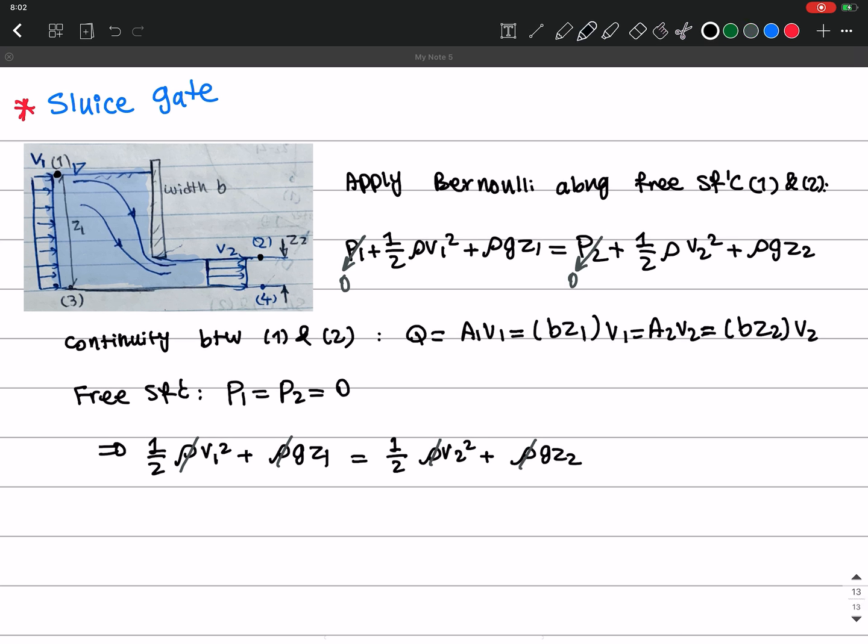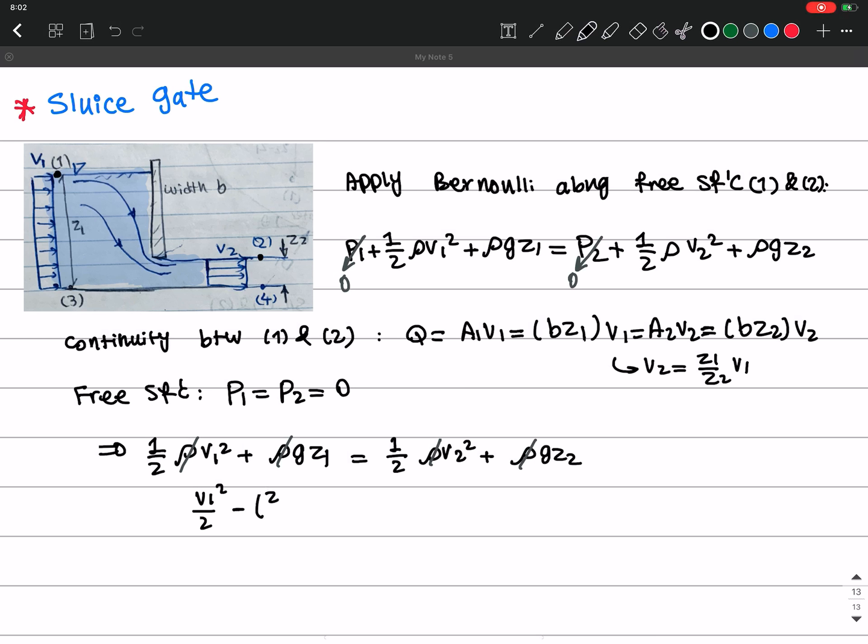And so what I'm going to get is V1 square over 2 minus, instead of V2 square, I'm going to bring this to the left hand side. Instead of V2, I'm going to write, based on this, V2 equals Z1 over Z2 of V1. So I just write it down.